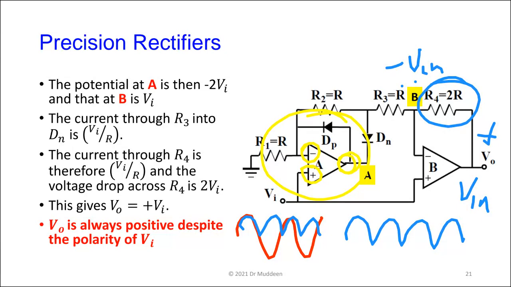So just conceptually, if you wanted to think about the voltage here, for DP to be on, it must have 0.7 volts, right? What the op amp does when it turns on, in order to make these 2 points equal, is send the output here 0.7 volts higher than 0. But you don't care about that. It just turns it on and connects it into the circuit. That's all you care about. It is not making use of the 0.7 volts.